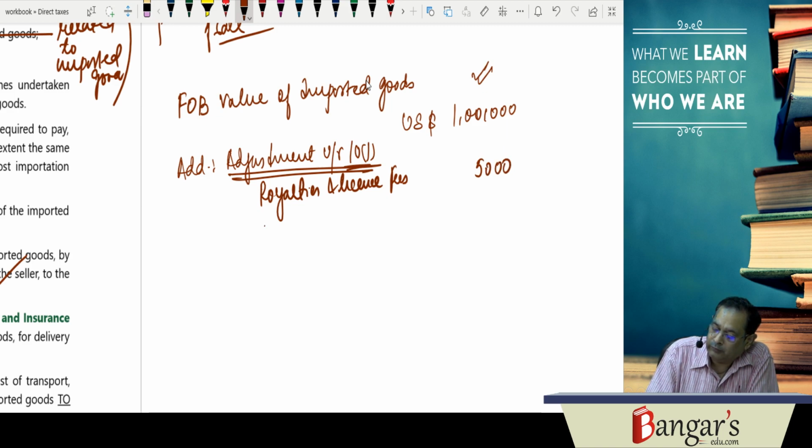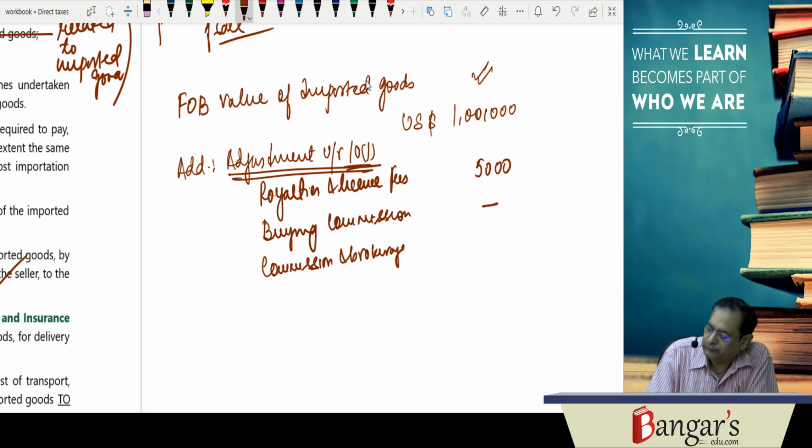Say there is buying commission. Do we have to add buying commission? We are not required to add buying commission. Other commissions and brokerage, say $1,000, that is to be added.